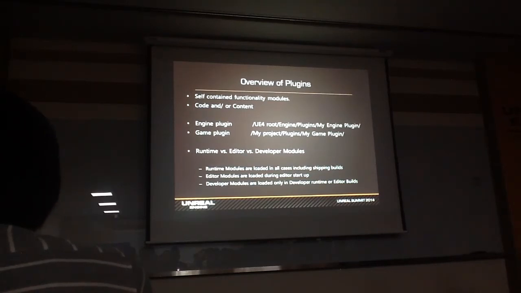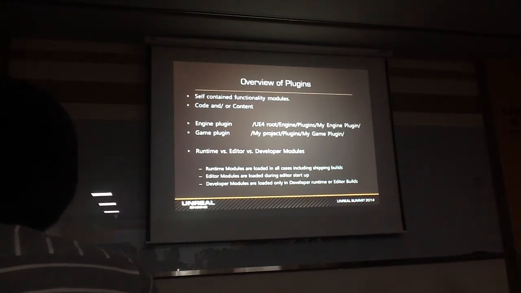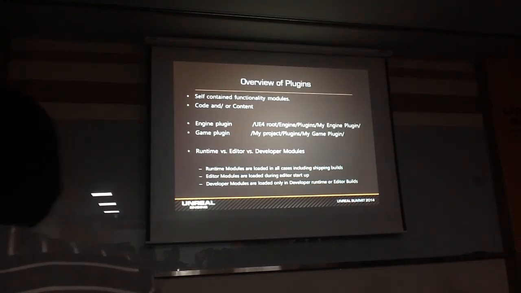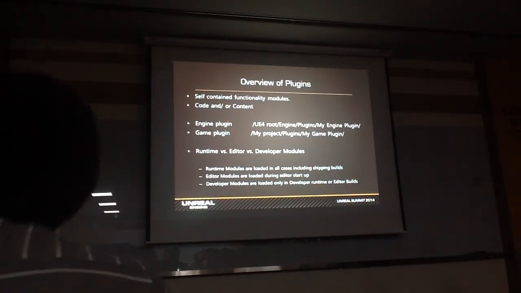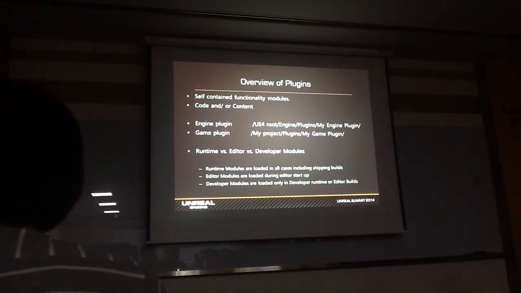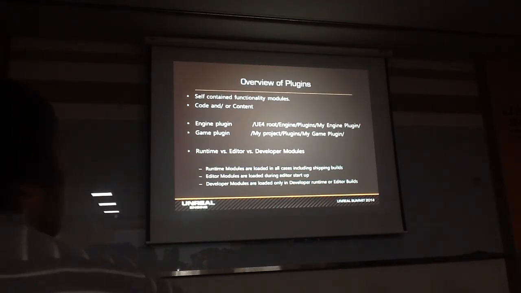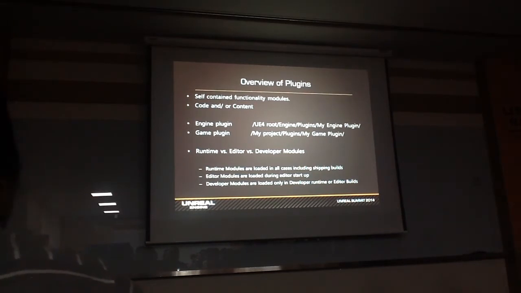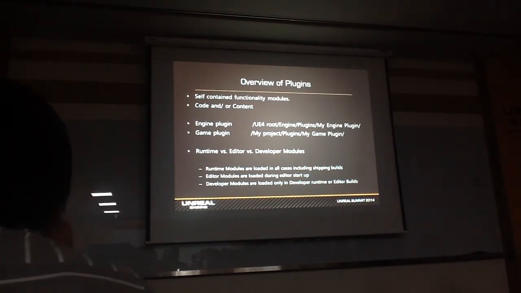Runtime modules, which are loaded at any time the editor or standalone game is run, even in shipping builds. For the grid generation plugin, this contains code that is primarily used by the game project, but the editor also has access to the runtime plugin so that gameplay settings can be changed.